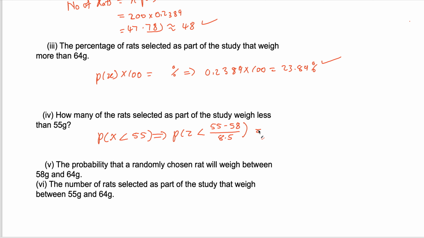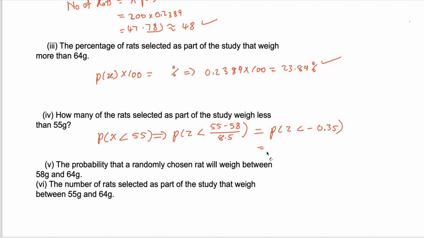This equals P of Z less than negative 0.35.